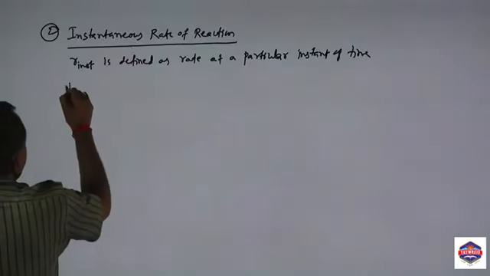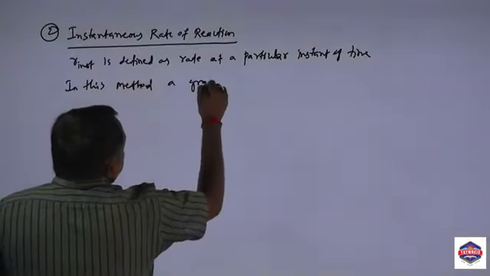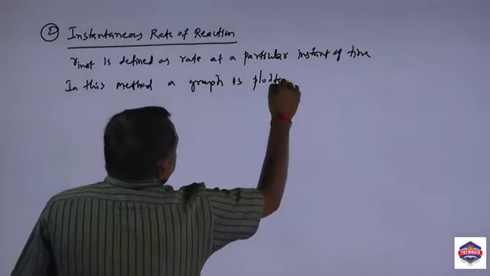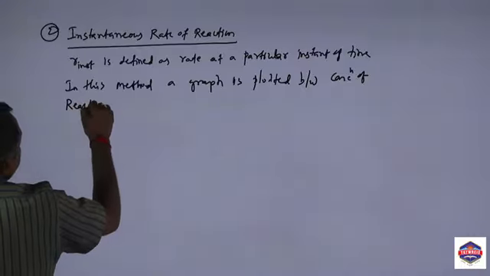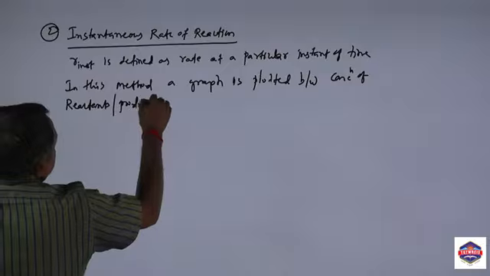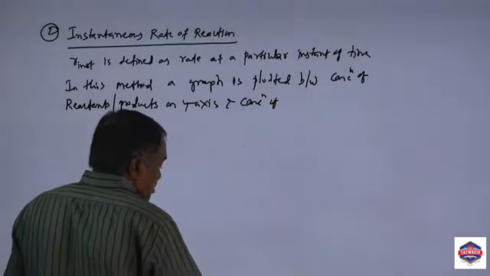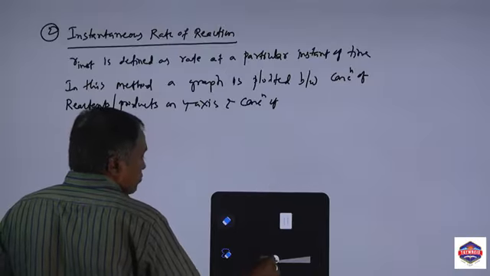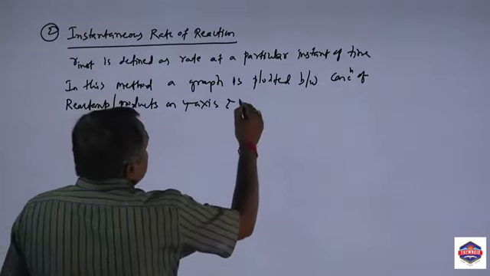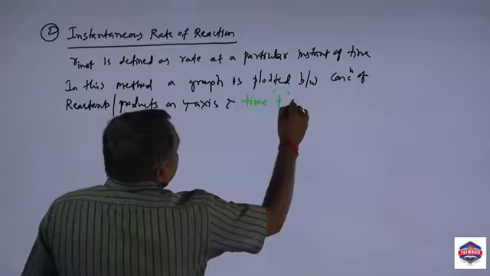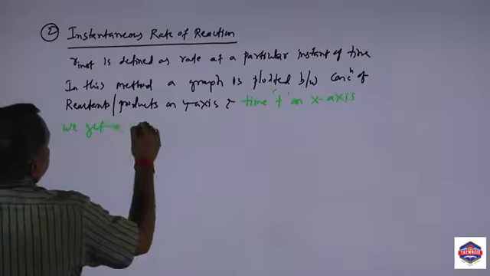Actually, for the instantaneous rate in this method, a graph is plotted between concentration of reactants or products on the y-axis and time t on the x-axis, and we get a curve.